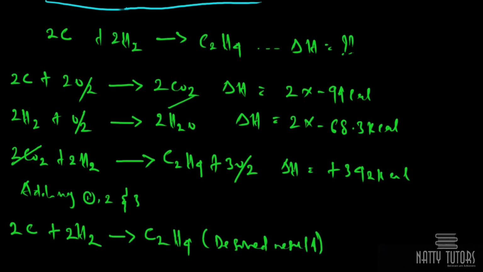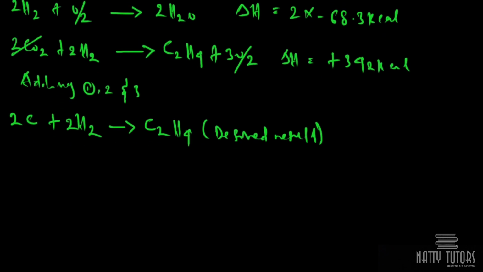So having this, we can easily get our answer from here. When we multiply for the first one, we will be getting minus 188. Then for the other one, we'll also be getting minus 136.6.